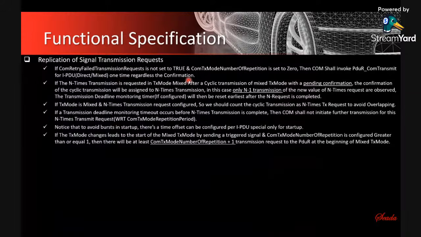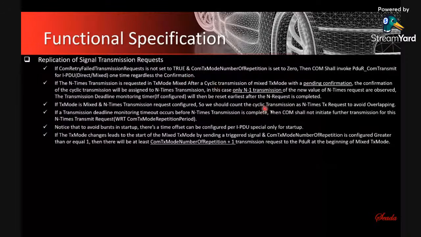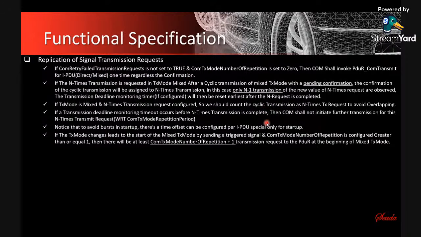I'm making sure that when I trigger a transmission, the confirmation returns here, everything is okay, then I'm not going to do anything. But what if the confirmation returned not okay? Let's read this. It says the first thing you have to make sure is that ComRetryFailedTransmissionRequest is not set to true, and we will say why we need this.